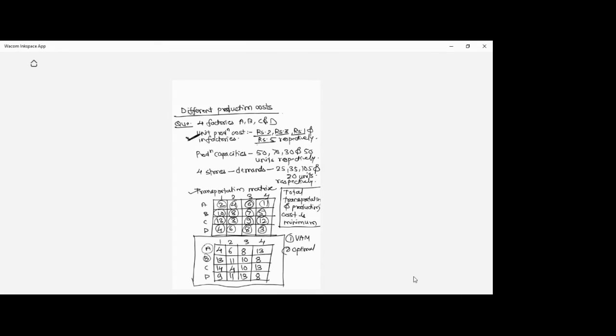If you want the solution, refer to the unbalanced transportation problem numerical, the variant that we have seen, where the numerical was kept the same. It was a combination of the unbalanced transportation problem and the different production cost variant.